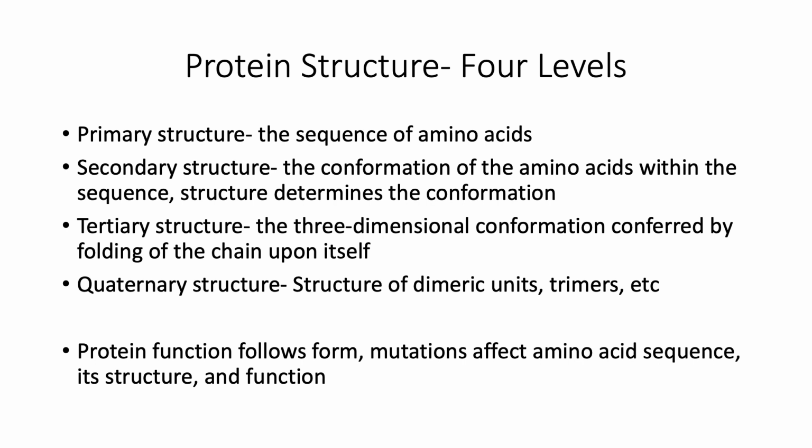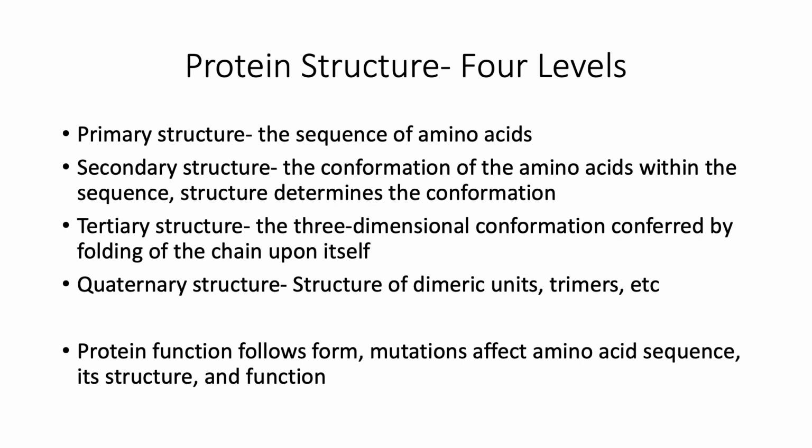The secondary structure deals with the conformation of the amino acids within the sequence. Again, these proteins, as they're formed, will fold on each other, and they fold according to the characteristics primarily of the amino acid structure, but also the surrounding physiologic conditions, namely temperature, salt concentration, and the impact of various constituent groups that may be a post modification.